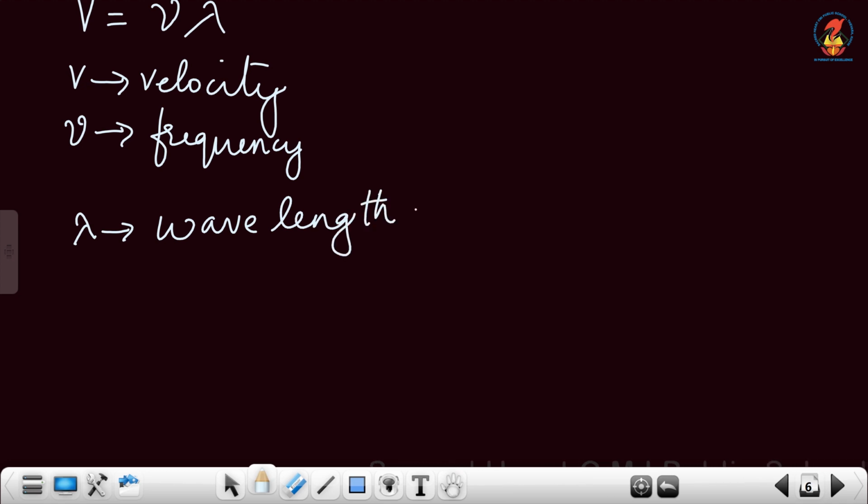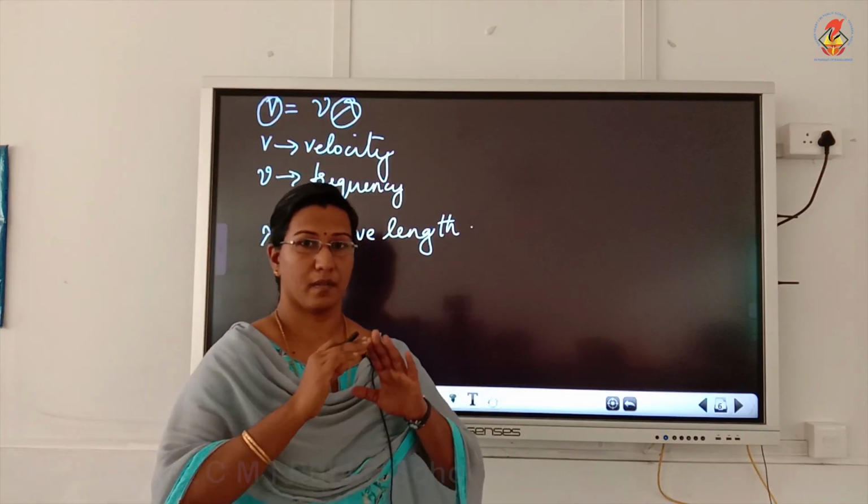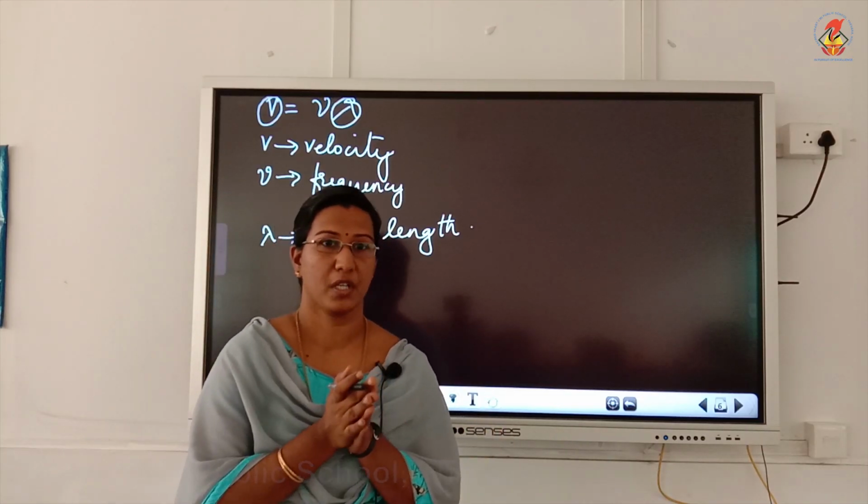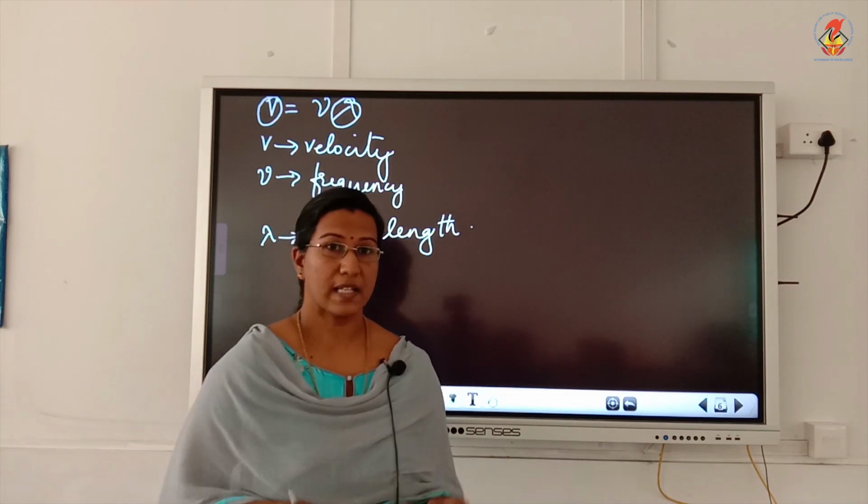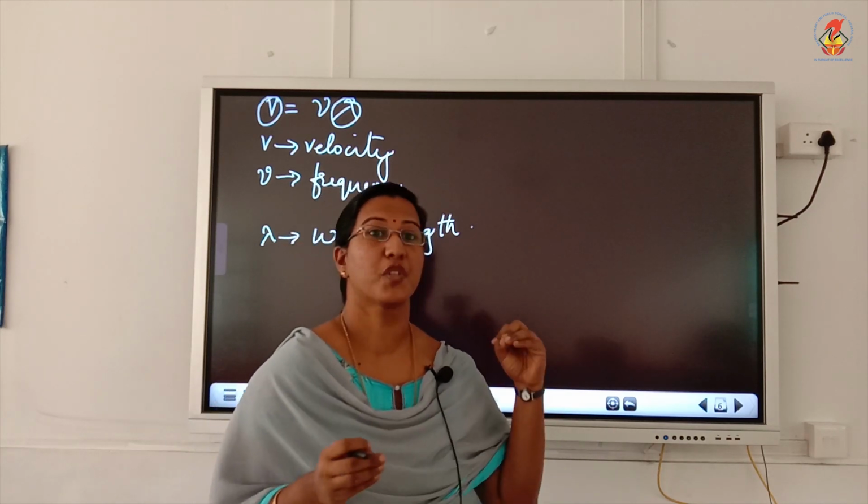Depending upon the medium, velocity and wavelength will change, but the frequency of the light wave will never change if the medium changes. Frequency depends on the source which produces the light.